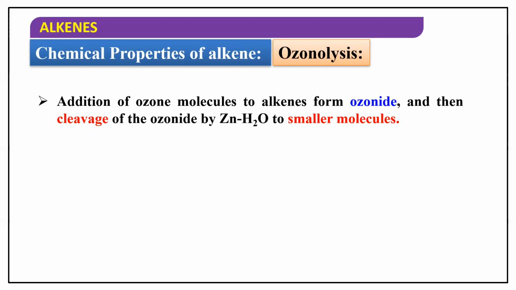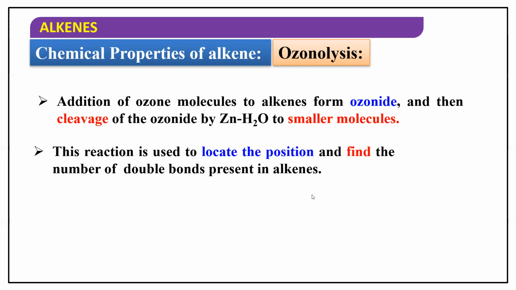Lysis of the ozonide by zinc and water to form smaller molecules. This reaction is what is called ozonolysis. So if I have to put it in very simple words, ozonolysis basically involves addition of an ozone molecule to an alkene and then subsequent lysis of that ozonide to give us smaller products in the presence of zinc and water.